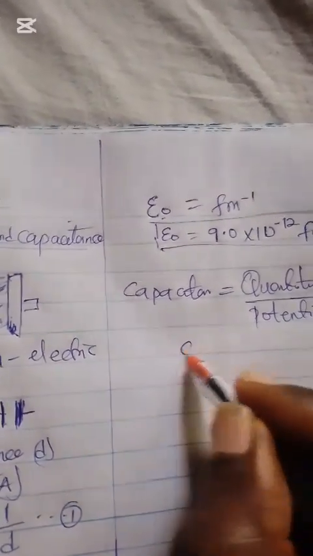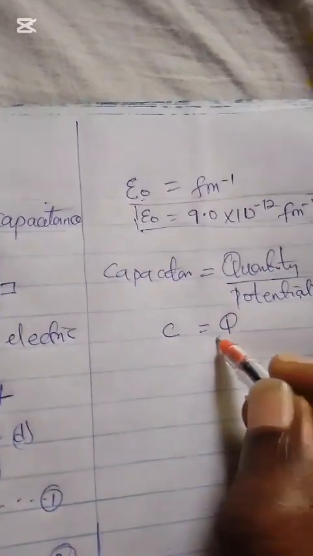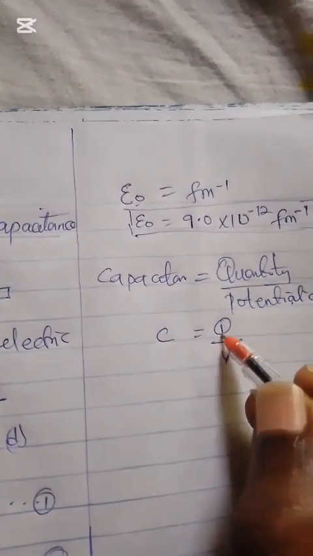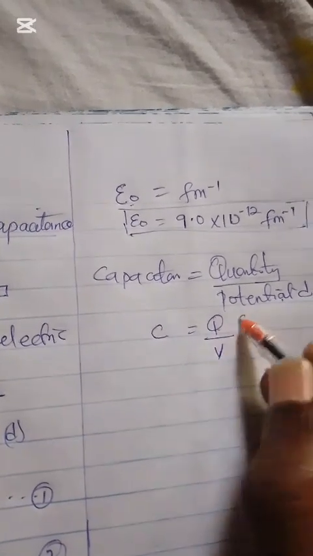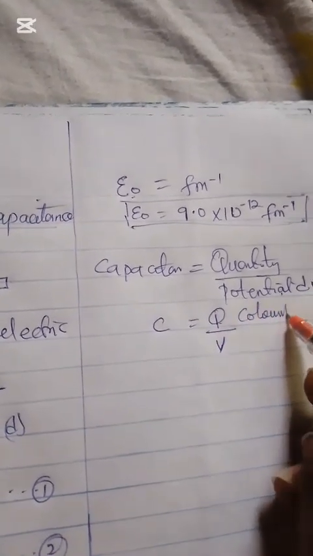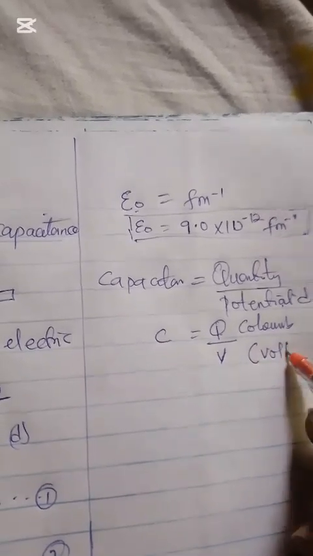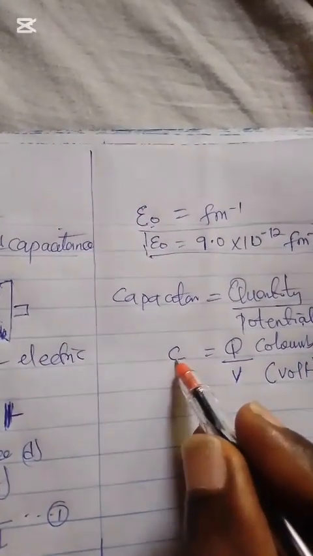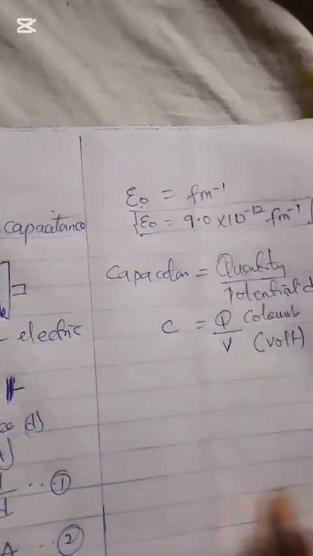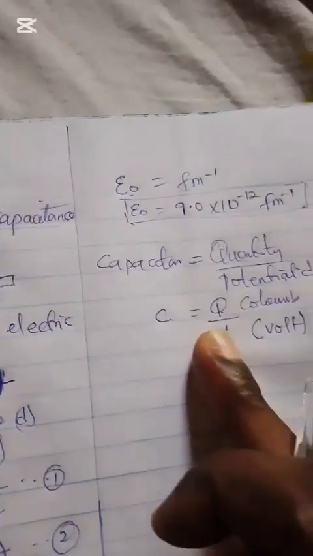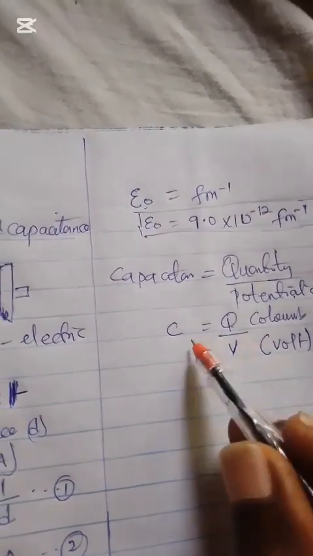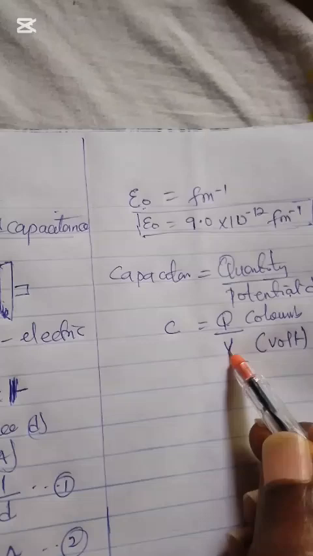So you can say that capacitance is equal to Q over V. Quantity of charge is measured in coulomb, and potential difference is measured in volt. You already know the unit for capacitance, which is farad. So this is another formula for calculating capacitance. You use this when you have quantity of charge and voltage.